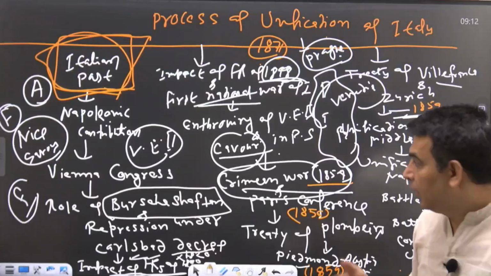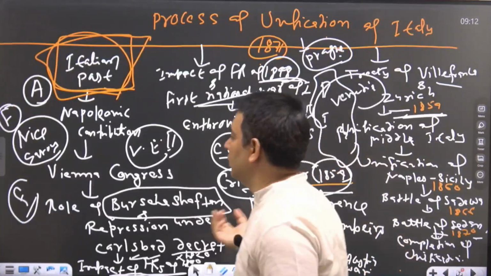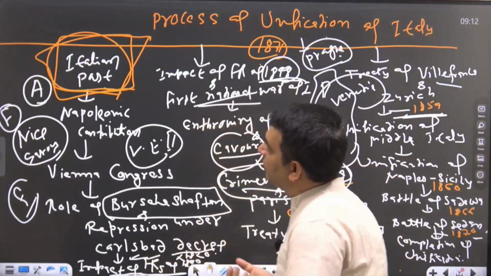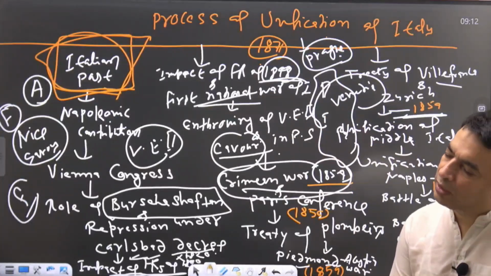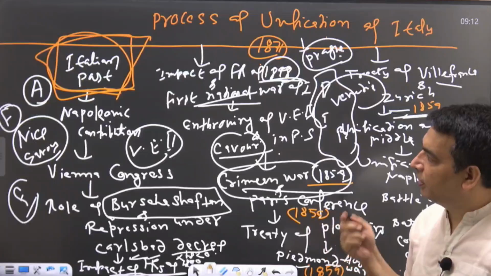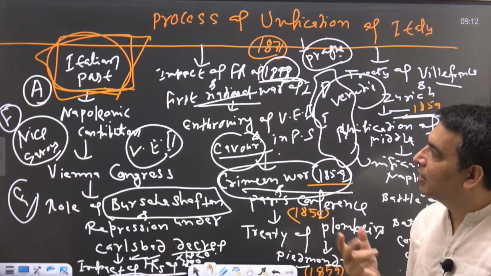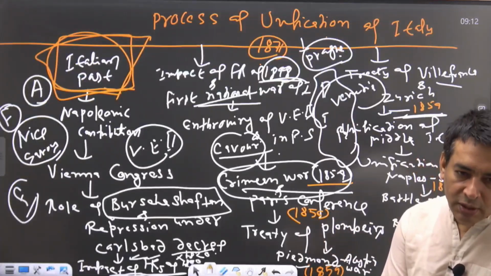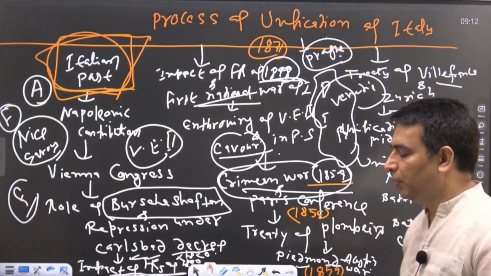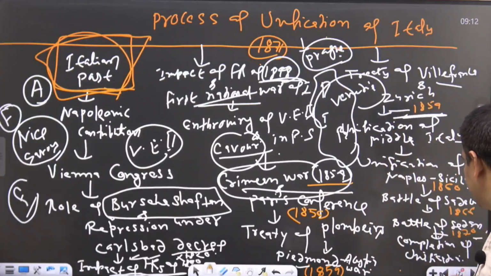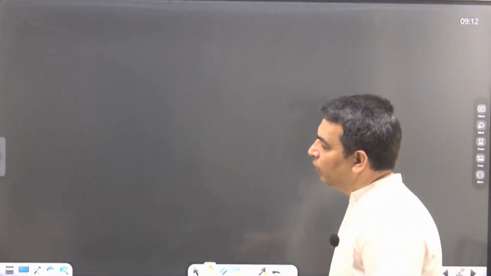Now, when Austria was defeated, it was a great surprise for France, because actually Austria was defeated, but it was the defeat of France, because the next turn would be of France, and so France opposed the process of unification of Germany, and in that case two new developments happened.